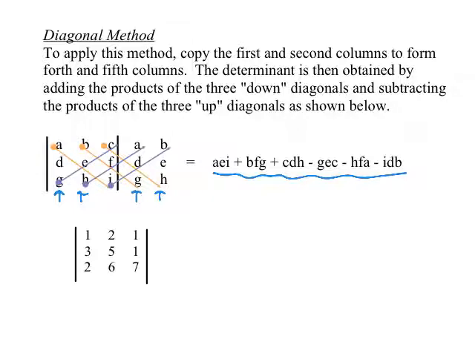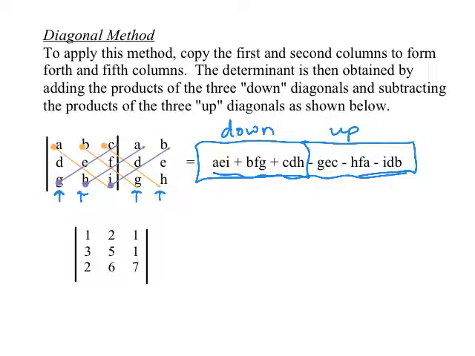So notice that we have what we're going to call the down diagonals in pink, and we have the up diagonals in blue. The down diagonals are these three products, and the up diagonals are these three products. So this is your down, and this is your up. The key is you add the products of the down diagonals and you subtract the products of the up diagonals. That's not that bad to remember.